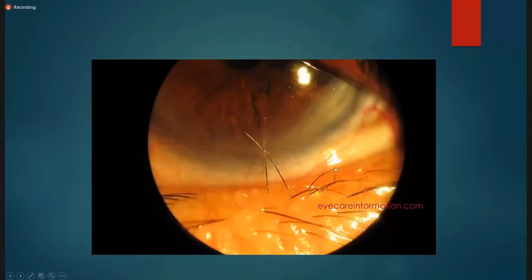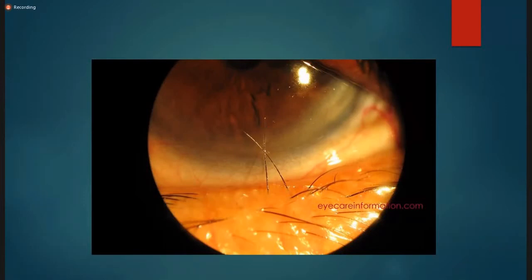This is a figure showing trichiasis. This is the lower lid, cornea, iris, and you can see this is the lower lid. The other eyelashes are normal, but these two lashes are misdirected and they are irritating the cornea.